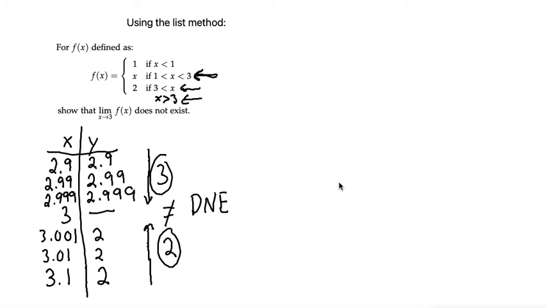in that when we're approaching 3 from the right-hand side, the way that he shows it is that we would have 3 plus 1. So these are all of our x values. We're going to have a lot more of them in this case, so I'll make a bigger table.